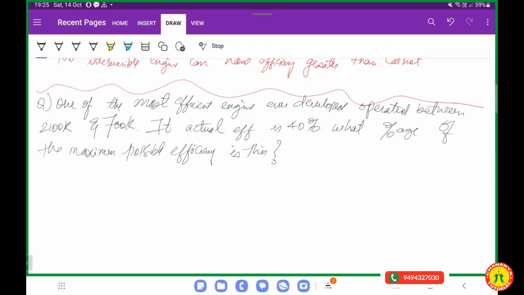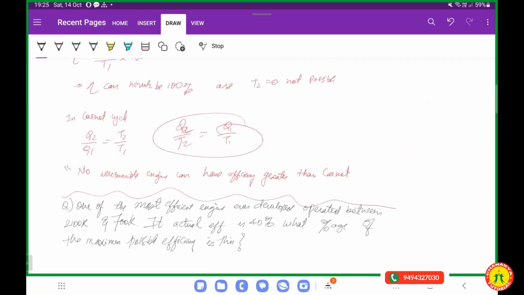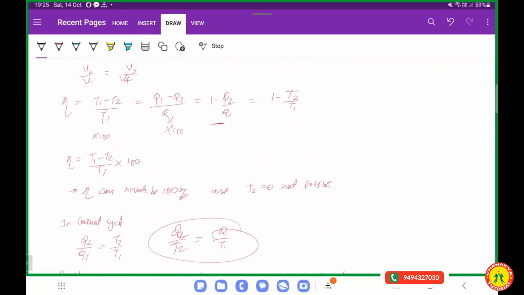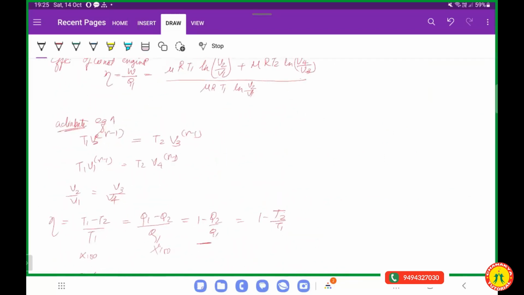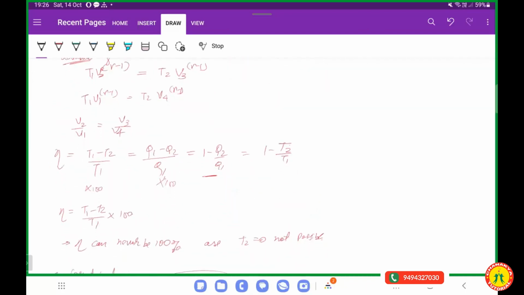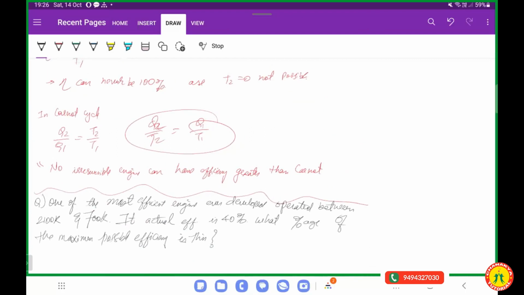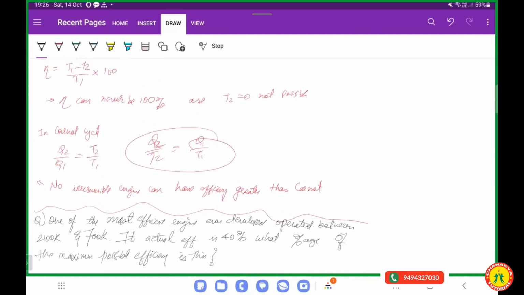Yes. How to start this? Sir, could you once scroll up? I didn't take a screenshot of the Carnot engine part of it. Diagram? No, so just the formula, the important formula. Can you just scroll a bit more up?